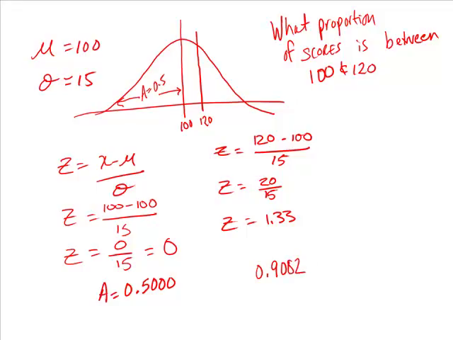Okay. What does that mean? That means that 0.9082 of all people fall below 120. Okay. So now how do I figure out the gap between them?